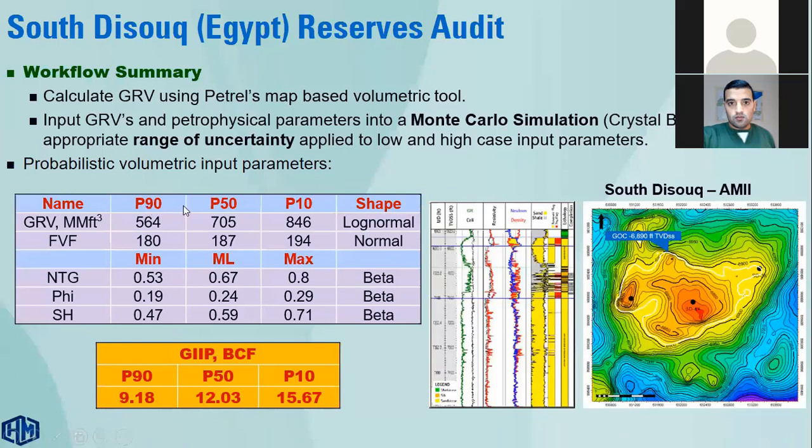And we have P90, P50, and P10, minimum, maximum, and most likely value for every input parameter. Finally, the calculated reserve, gas initially in place, will be P90, P50, and P10. P10 is the gas reserve at 10% probability of the input parameters, and P90 will be the lowest value, while P10 will be the highest value, as you can see.